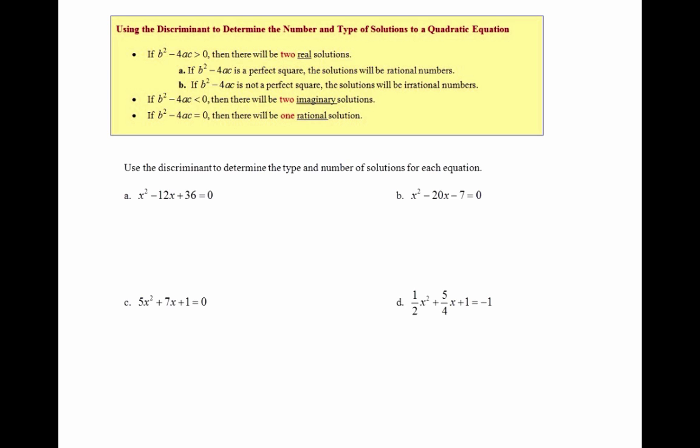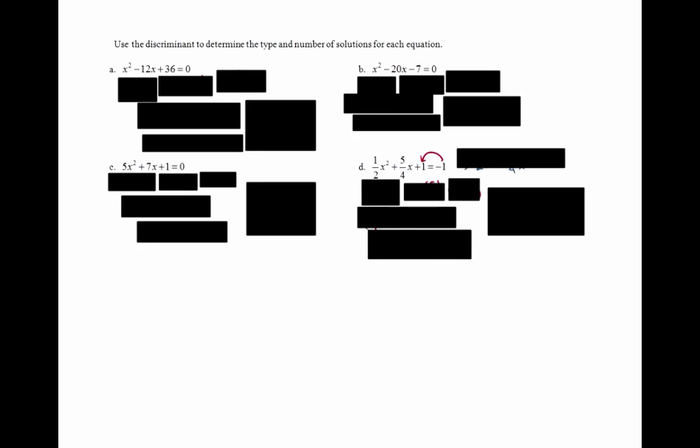Okay, let's see how to find the number or type of solutions we have by finding the discriminant. Can somebody tell me what you found for the first problem here? Okay, Lambert, do you want to tell me? Go ahead. The first one, first we have to find out the values of a, b, and c, right? a is equal to 1, b is equal to minus 12, c is equal to 36, and then we want to find b squared minus 4ac.